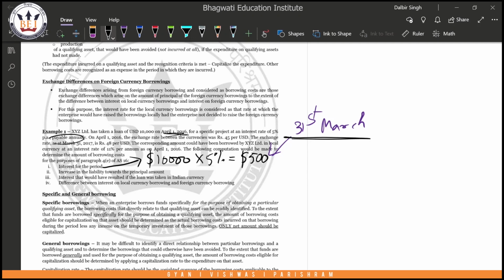At what rate can I borrow $500 as on 31st March? They've given you the rate as on 31st March is 48 per dollar, which means my interest for the period in INR would be rupees 24,000. That is interest for the period.